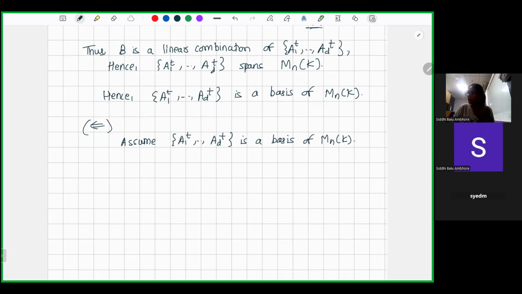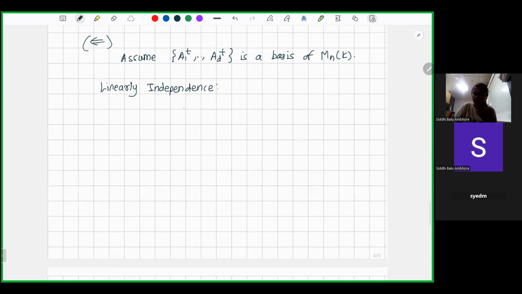of K. And again, linear independence. We will do a similar kind of technique. Suppose summation Ci Ai is 0; we have to show that A1 to AD is a basis of MNK.